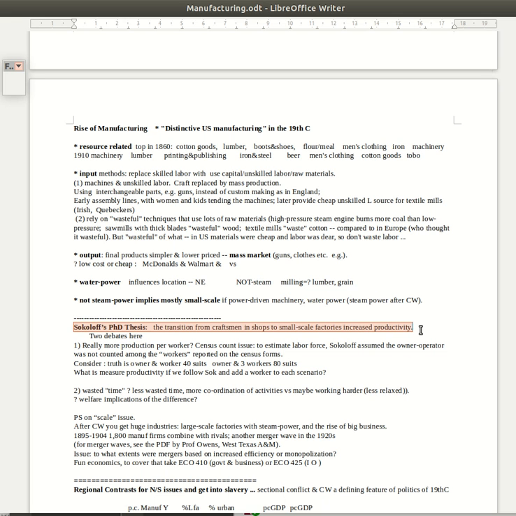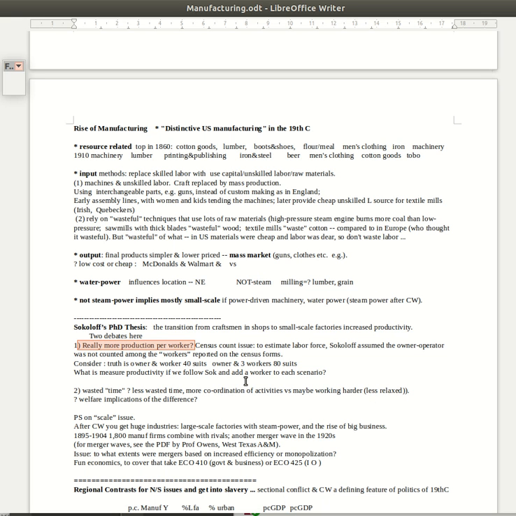Now, in case you're interested, there are 2 debates here. The first debate is, was Sokoloff right that there really was greater production per worker, greater productivity in the small-scale factories compared to the small shops, the smaller-scale production?